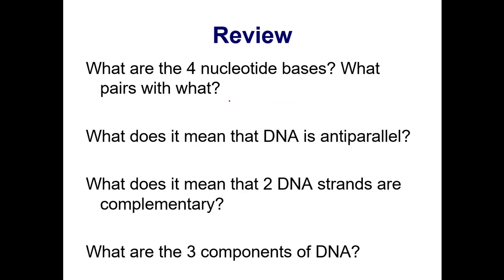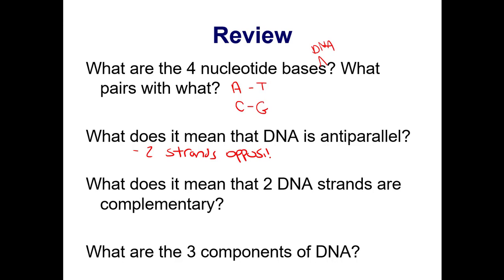So let's review. What are the 4 nucleotide bases found in DNA? They are A, which pairs with T, adenine pairs with thymine, and cytosine, which pairs with guanine. What does it mean that DNA is anti-parallel? It means that the two strands are opposite. They're in reverse of each other.